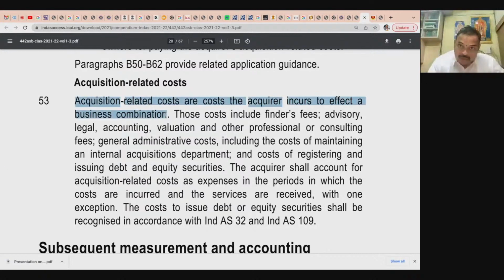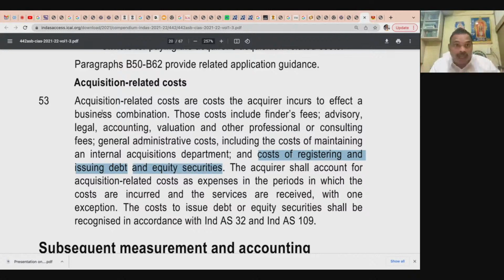Acquisition related costs are costs incurred to effect the business combination: finder's fees, advisory charges, legal, accounting, valuation, professional charges, consulting, general administration, including the cost of maintaining a separate secretarial department, internal acquisition department, cost of registering the debt equity.